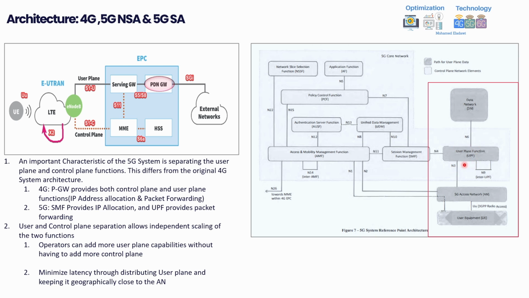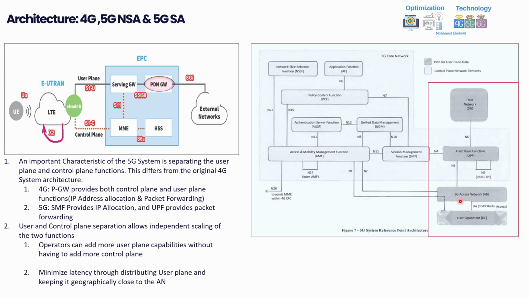Distributing the user plane can help the operator keep the UPF, the user plane function, geographically close to the access network, like in the same city, to make it as close as possible. And this can help to minimize the network latency.